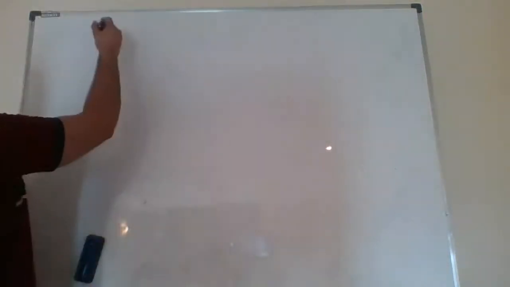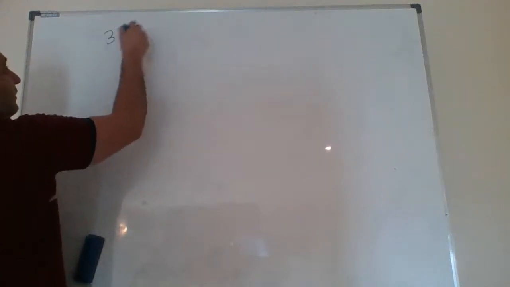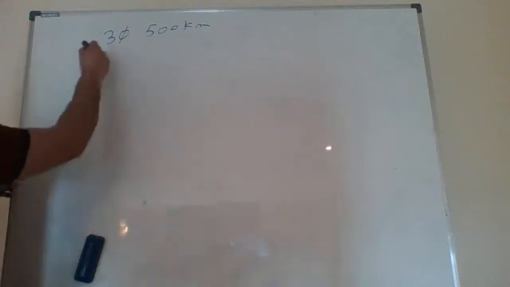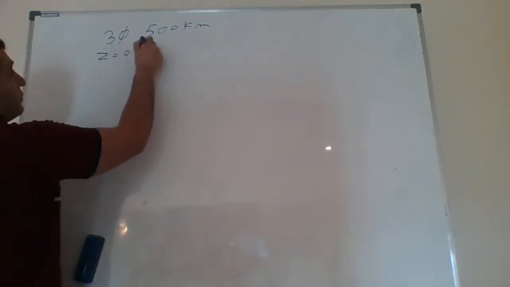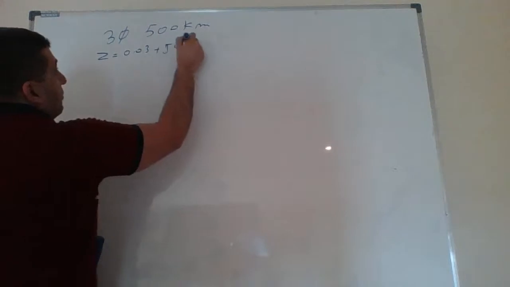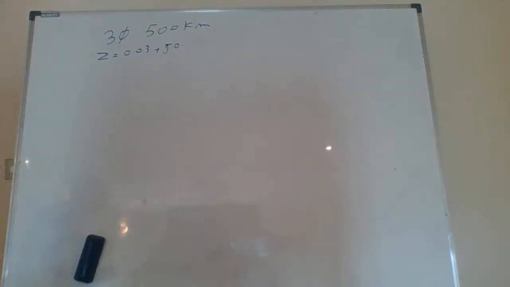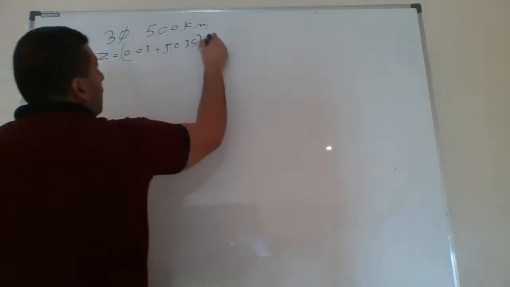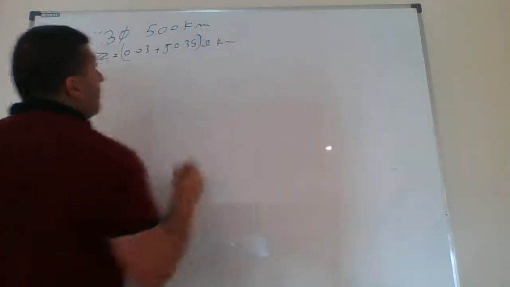Let's do an example now, before we finish this session. We have a three-phase 500 kilometer line where Z is equal to 0.03 plus j0.35 ohm per kilometer.